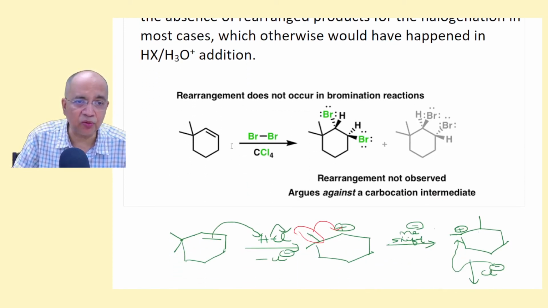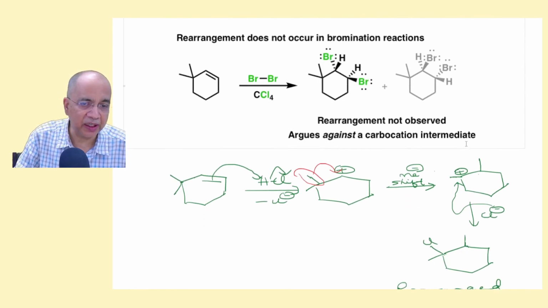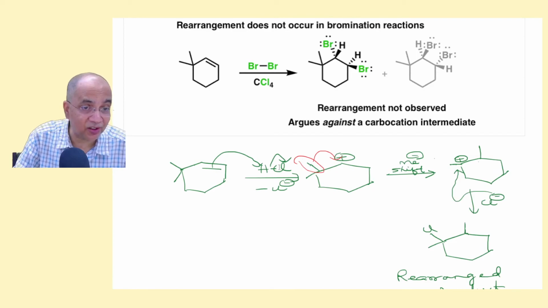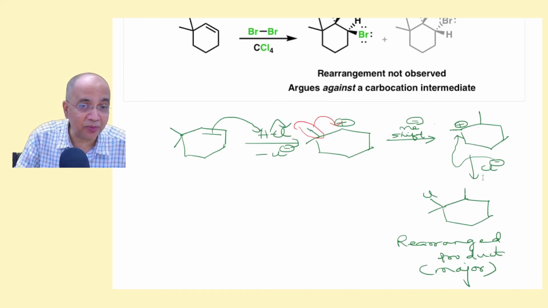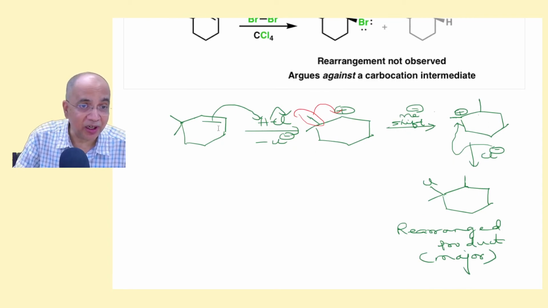For example, this one, which is substituted in the alpha position, on bromination in carbon tetrachloride will give you only this. Of course, it's an enantiomeric pair. Since it is a cyclic compound, only one pair, the trans pair, right? But had it been HCl addition or water addition in presence of acid, then the predominant product would have been rearrangement. So carbocation is formed here, secondary, then a methyl shift will give you tertiary, then chloride ion joins here, so you get chlorine attached here and the methyl migrates.